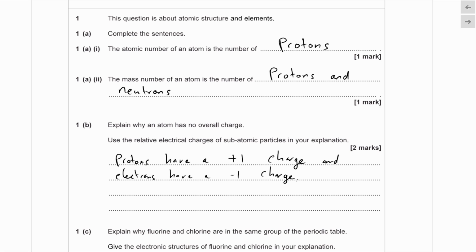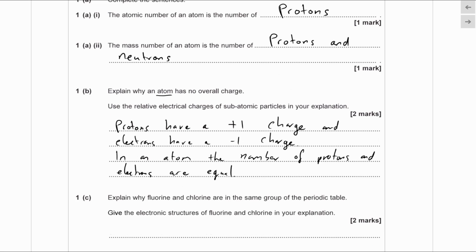Alright, those are relative charges, obviously not real charges measured in coulombs. Okay, and then why does an atom, okay, that's the important part, an atom have no overall charge? Because in an atom, the number of protons and electrons are equal. Alright, and that obviously means that the charges of +1 and -1 cancel each other out.